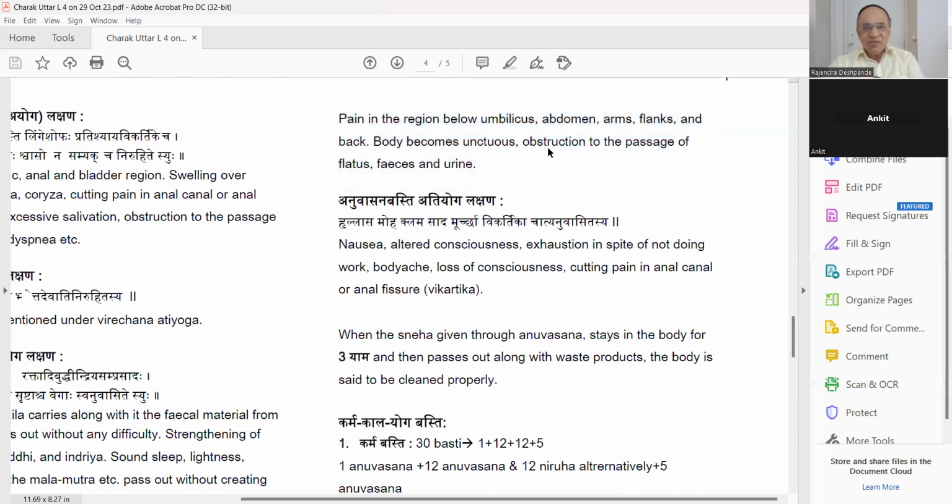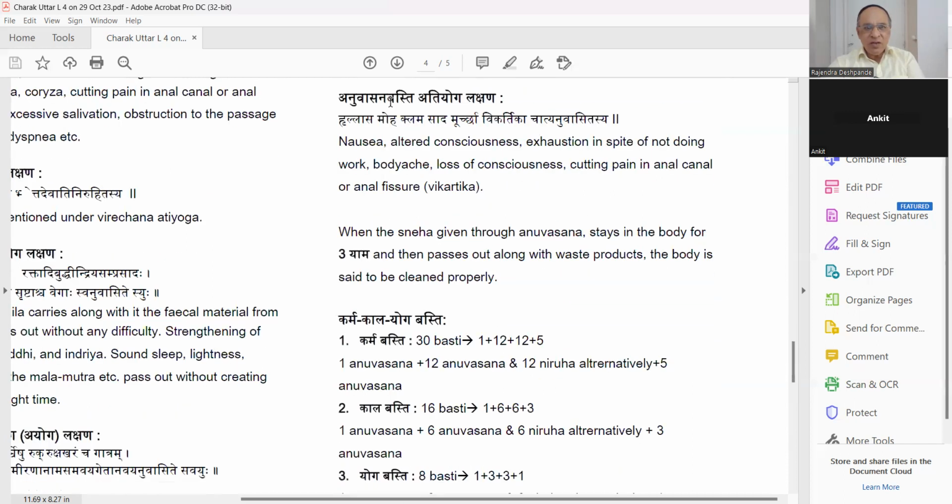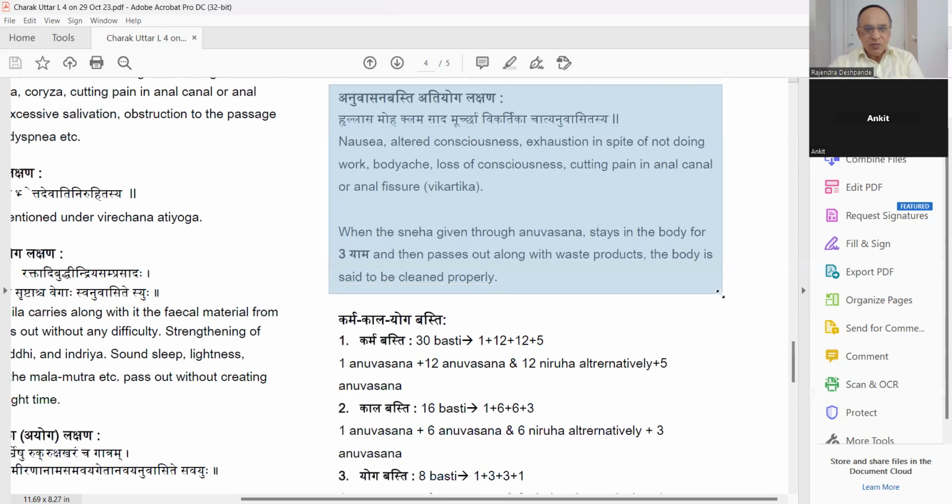Now, what is next? Ati Yoga. Can you see? Ati Yoga: nausea, altered consciousness, drowsiness, because of the excess, weakness will be there. Exhaustion in spite of not doing the work. Body will be exhausted.